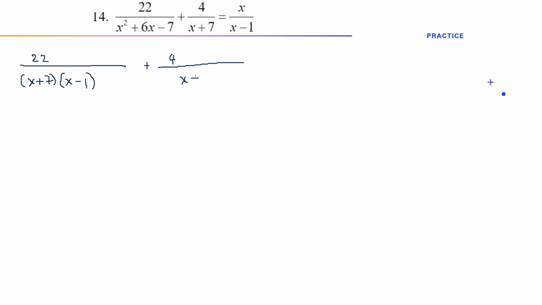This one only has x plus 7 and then x minus 1. So we see that the first denominator, x plus 7, x minus 1, is the least common denominator, right? So on another term, we will need the factor x minus 1 here. For this one, we need the factor x plus 7.